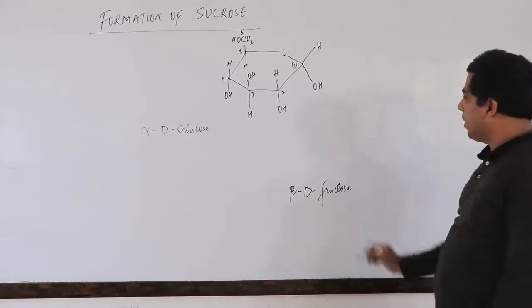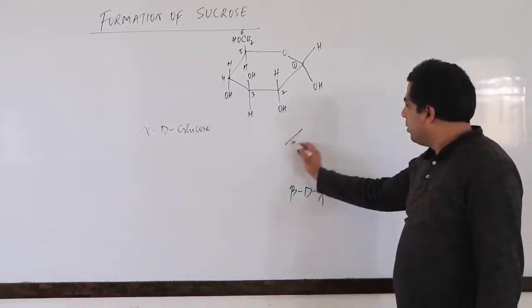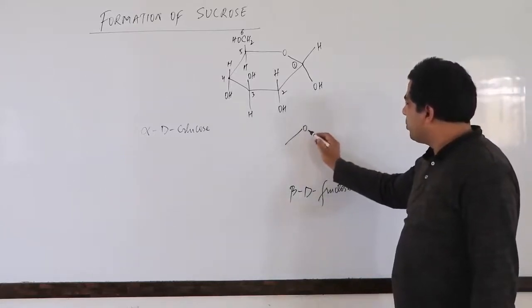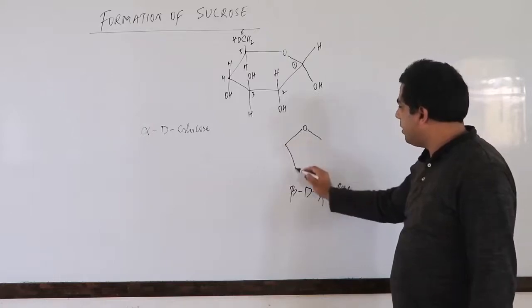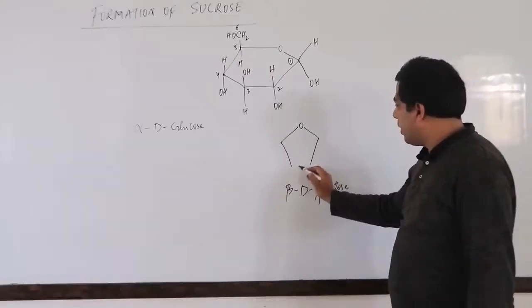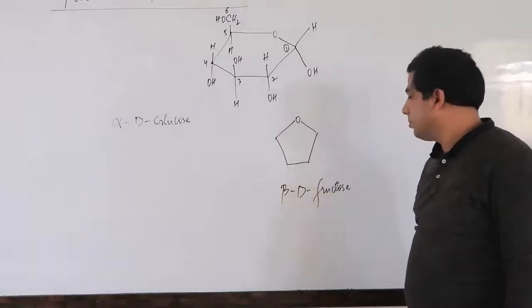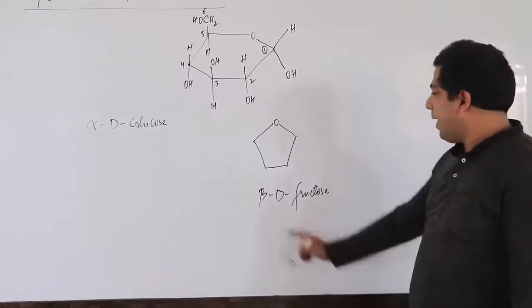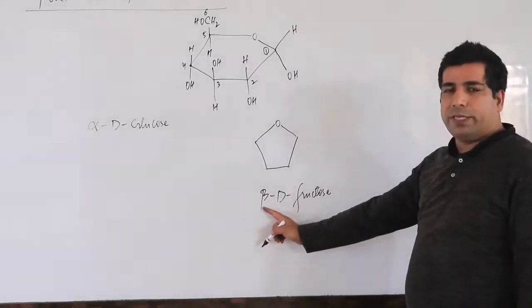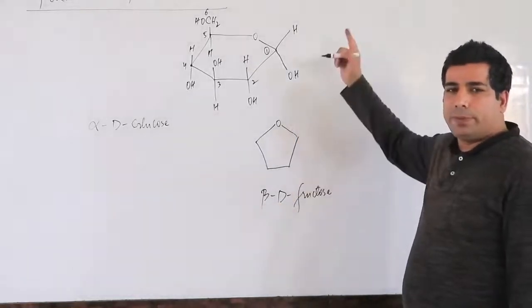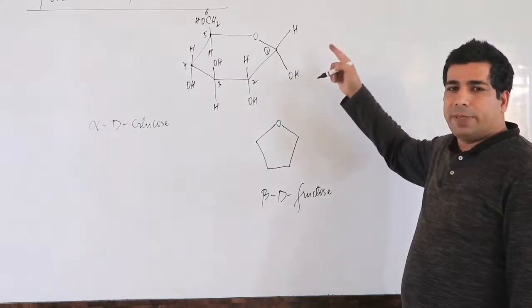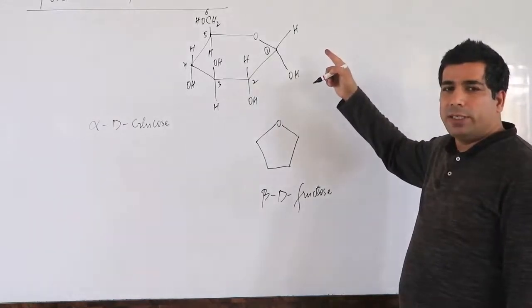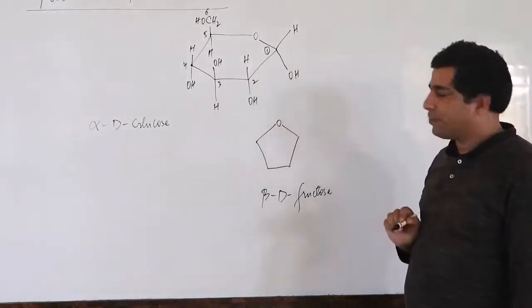Okay guys, have a look. For beta D fructose, everybody should understand that I need a ring called furan. For fructose, I need a furan ring, correct? And it's a beta form. Beta form means the OH group will be up, and up means on the left side, right?